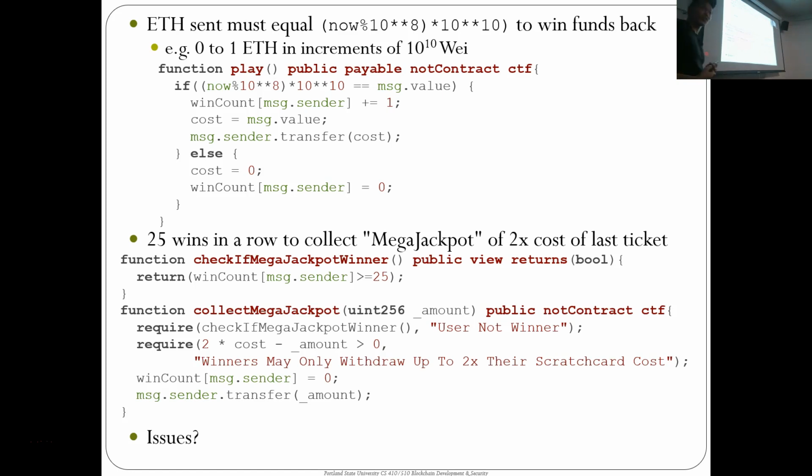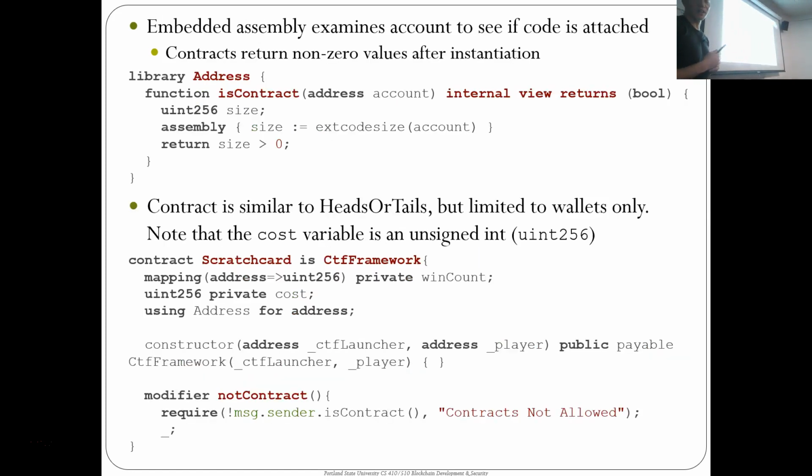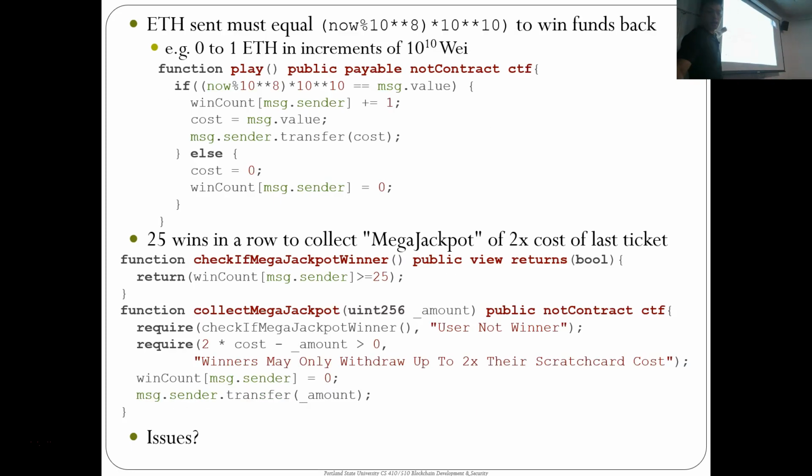Yeah, it's the cost minus. Does this actually do anything? What is the type for cost? Sorry, it's not all on one page. So the type of cost is a uint256, and the type for amount is also a uint256. Is this ever false?